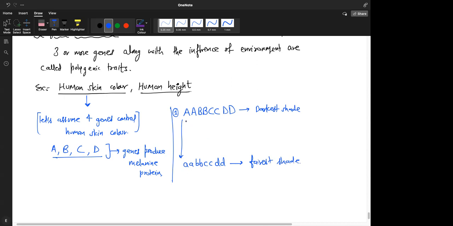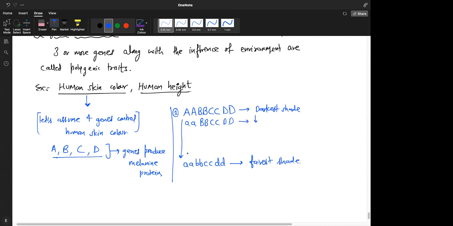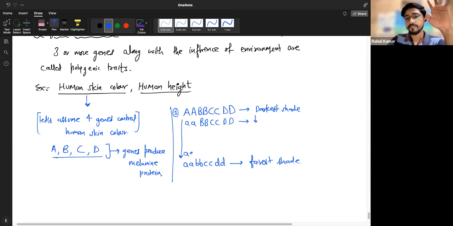Let's say if I make one recessive and all the others remain dominant, then it is slightly fair. Similarly, if all three are recessive but one is dominant, then it will be going towards darker. Do you understand? Yes.